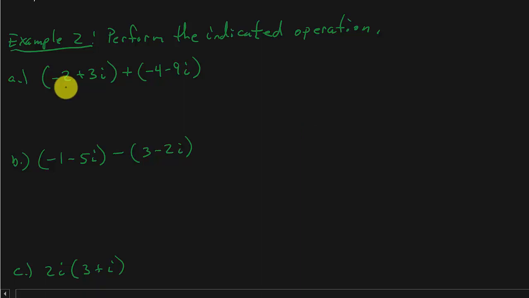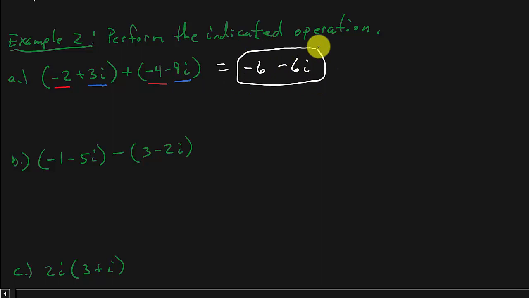So you can see here we've got the real parts, and here we have the imaginary parts. So I've got -2 plus -4 is -6, and 3i plus -9i is -6i. And there's your answer.